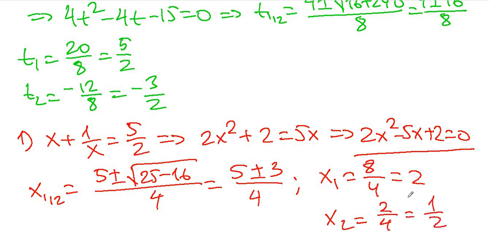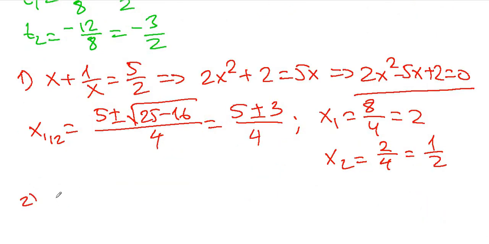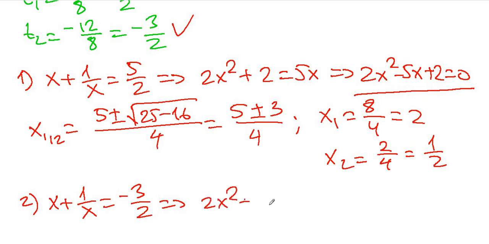Now we have a first set of solutions where x1 is equal to 2 and x2 is equal to 1 over 2. And the second equation is x plus 1 over x is equal to, as you remember, minus 3 over 2. Again, first of all we have to clear the denominator, and by multiplying both sides by 2x we will get 2x squared plus 2 is equal to minus 3x.